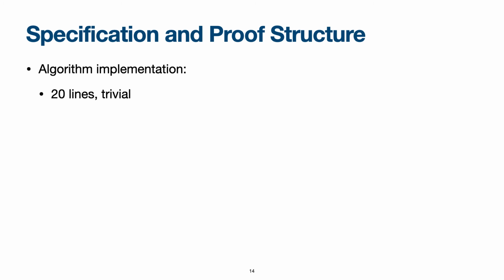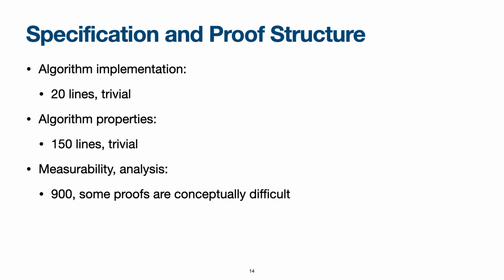Overall, the implementation of the algorithm is trivial and corresponds to 20 lines of code. Proving the properties of the algorithm is also, I think it's fair to say, trivial, and it's 150 lines of code, but it's important to know that we really favored readability, and these proofs could have been shorter.